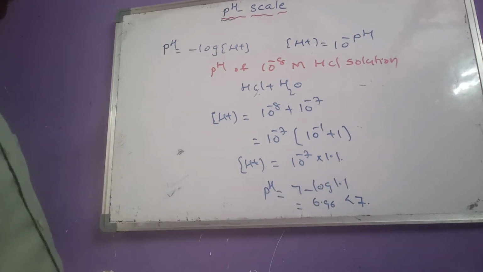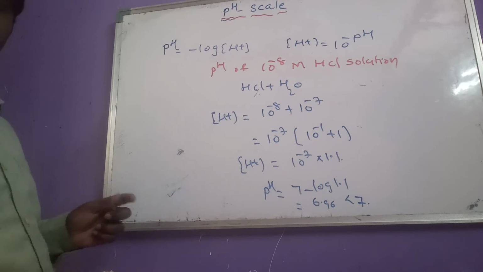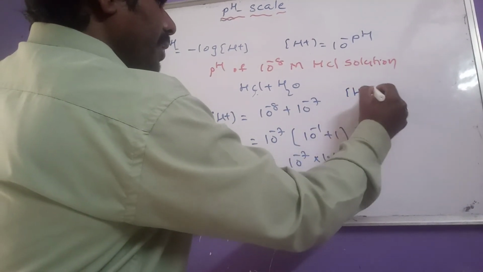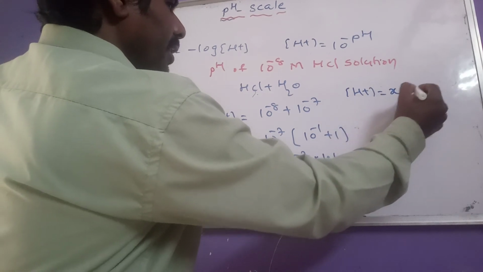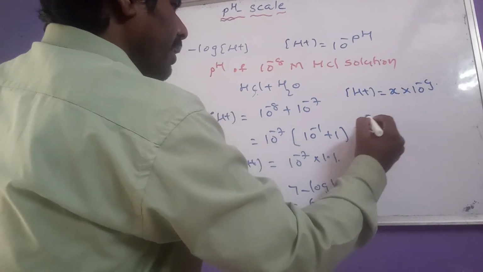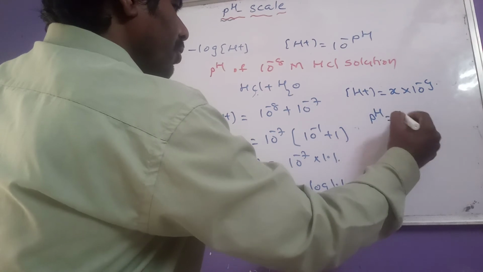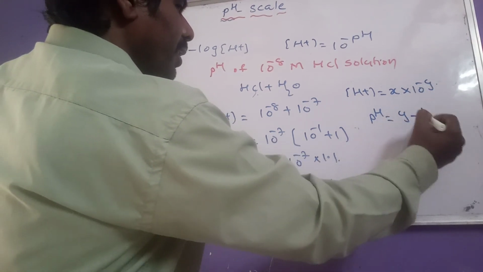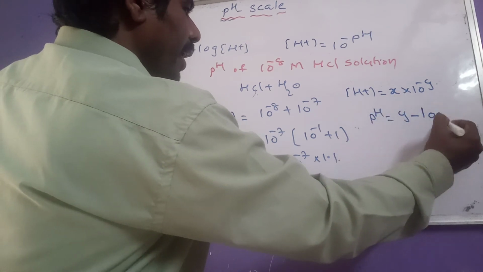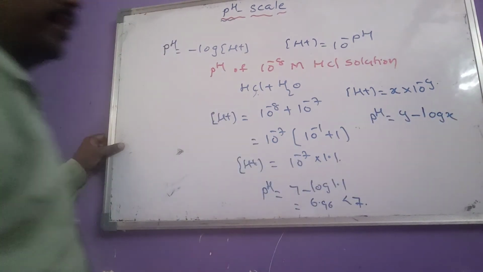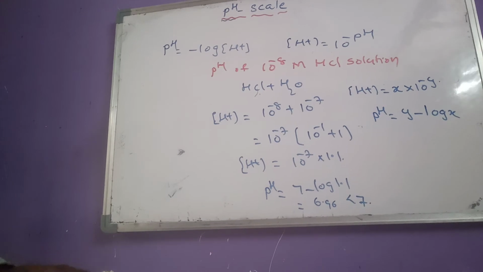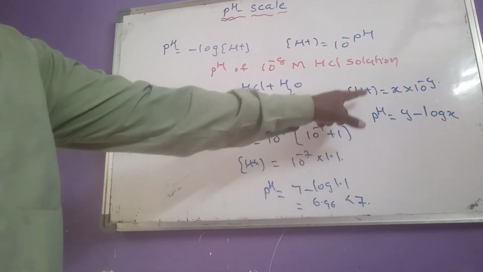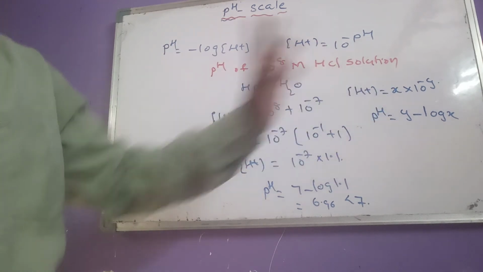So if the H plus concentration is 10 power minus 7 into 1.1, we write pH as 7 minus log 1.1. Here is one easy formula that we have to remember. If the H plus ion concentration is x into 10 power minus y, pH can be written by bringing the y forward and applying the logarithm to x, subtracted from y. You get y minus log x. So this is the easy formula to calculate pH using the H plus value.